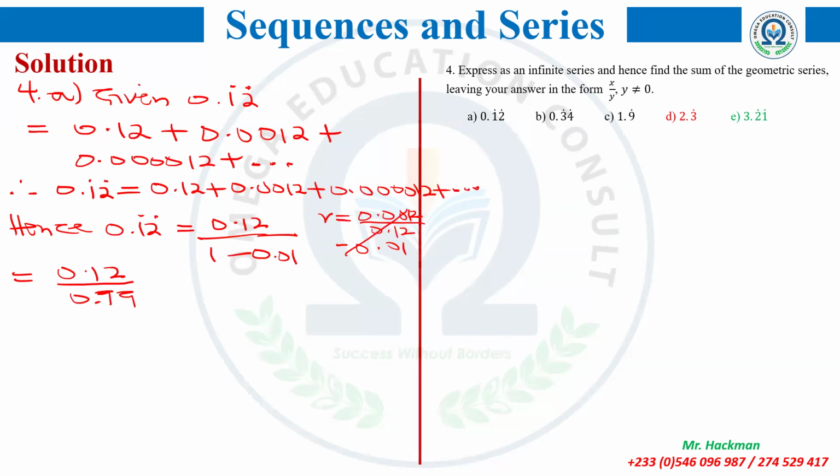Yes, please. Okay, so at this point, you can fall on your calculator. You cannot conclude here, remember. You cannot leave your answer in terms of decimal. So feed your calculator and let's see whether your calculator will give you decimal. If it gives you decimal, then you know what to do. You change that one too. So do this and let's see what your calculator will give you.